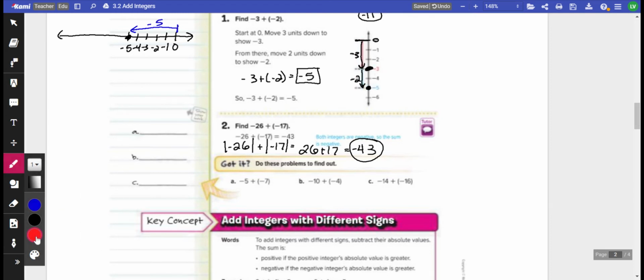And then I want to continue going to the left and subtract 7 more. I'm going to label my number line. And I get the answer of negative 12.